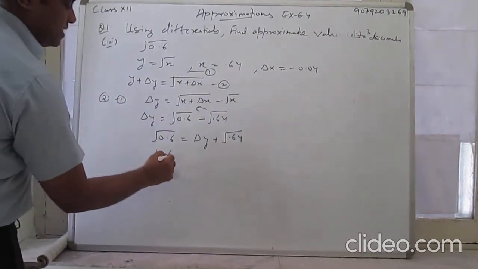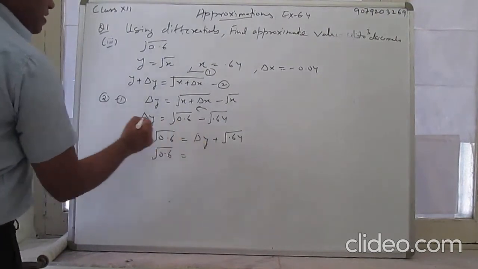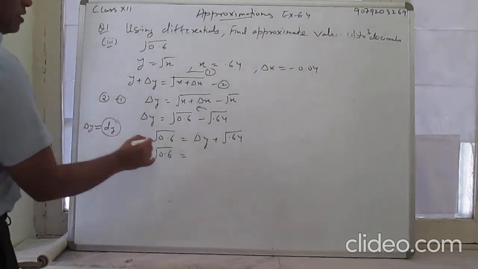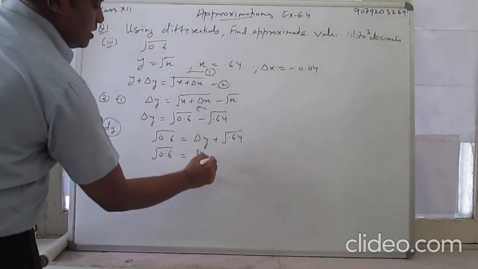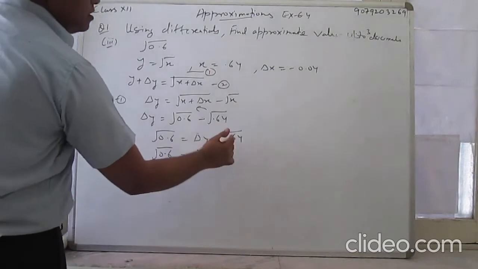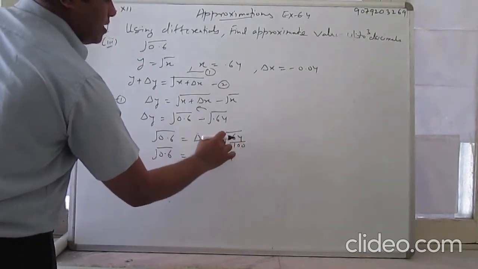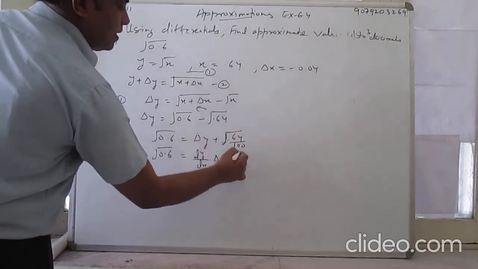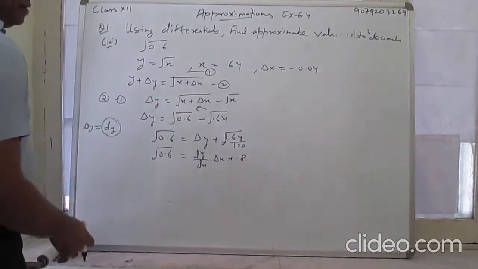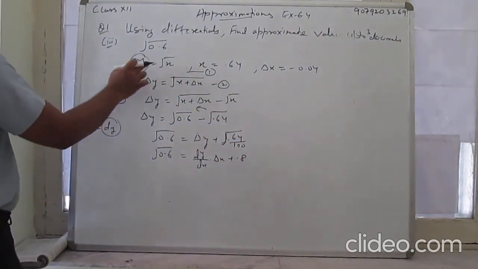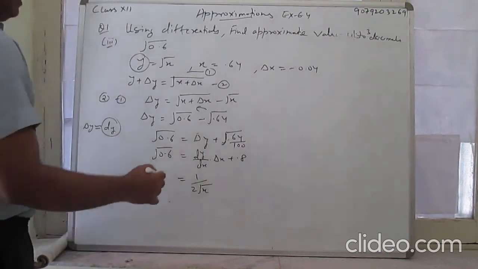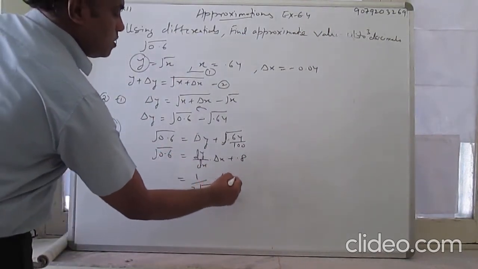Now root 0.6, what is the differential of delta y? Delta y is nearly equal to dy, and what is dy? dy by dx into delta x plus, इसका स्क्वायर रूट करेंगे तो इसको हटाएंगे तो ये पॉइंट हटेगा, अंडर रूट है ना. So 0.8, 64 का 8 और 100 का 10, 8/10 is 0.8. So dy by dx, what is the differential of root x? Root x का डिफरेंशियल क्या होता है 1/2 root x into delta x plus 0.8.